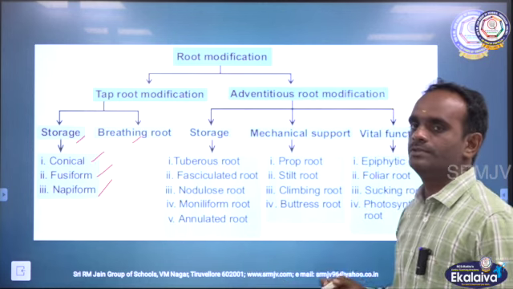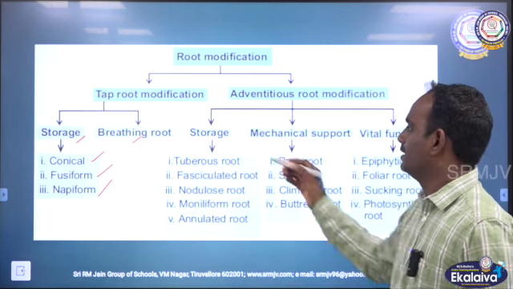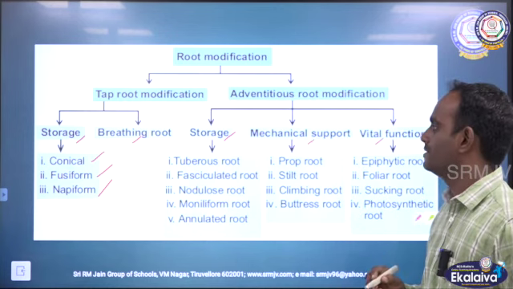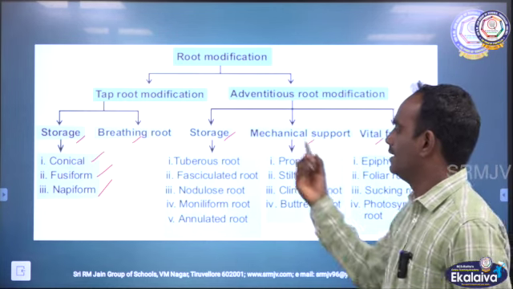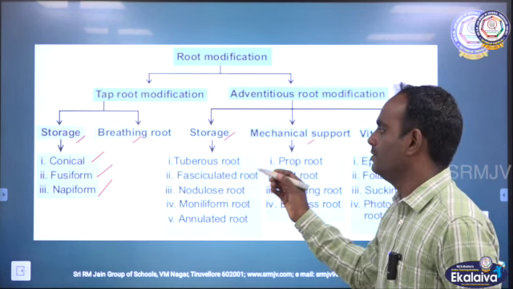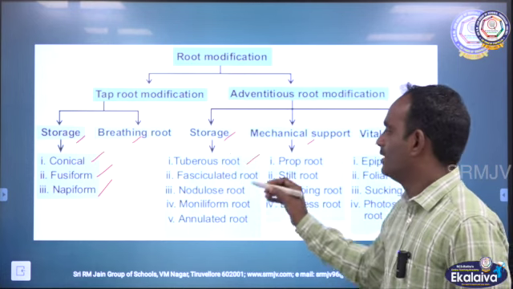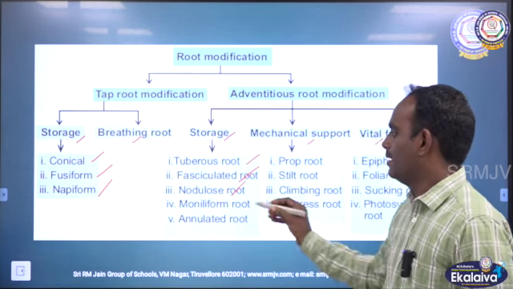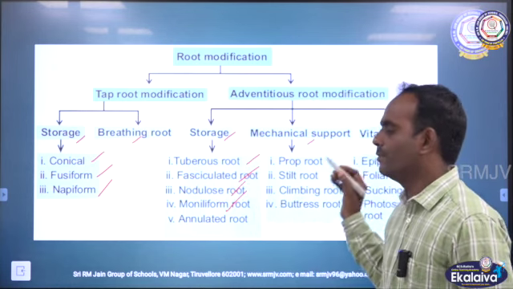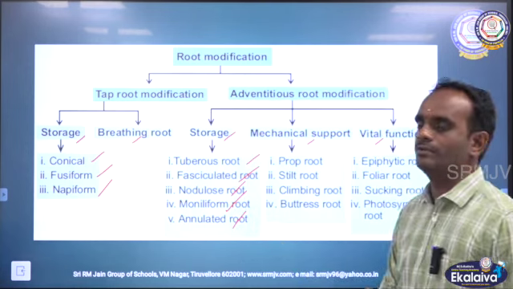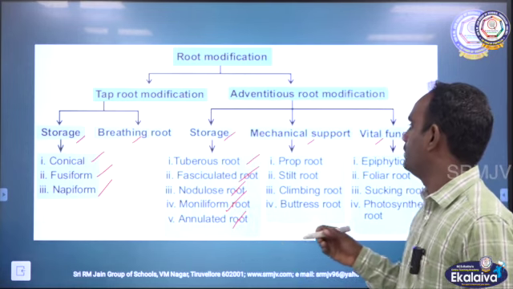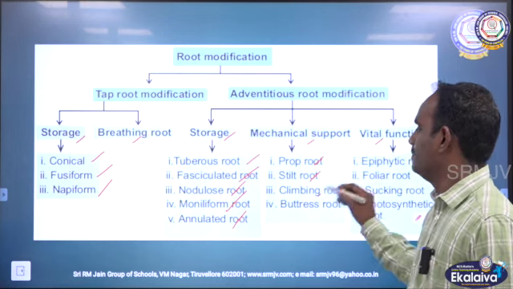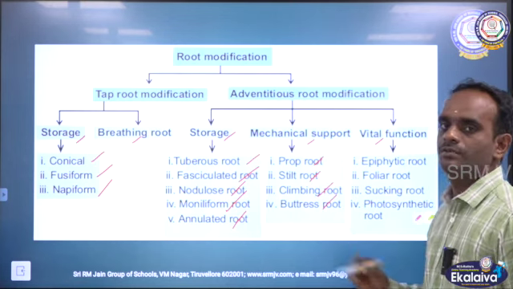Next, adventitious root modification, here storage, mechanical support and vital functions. In storage, there are 5 different types of roots: tuberous roots, fasciculated roots, nodulose roots, moniliform roots and annulated roots. In mechanical support, prop root, stilt root, climbing root and buttress root.